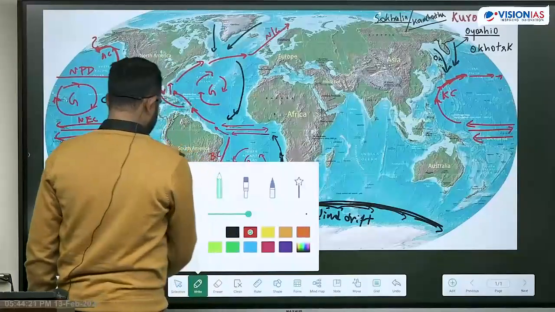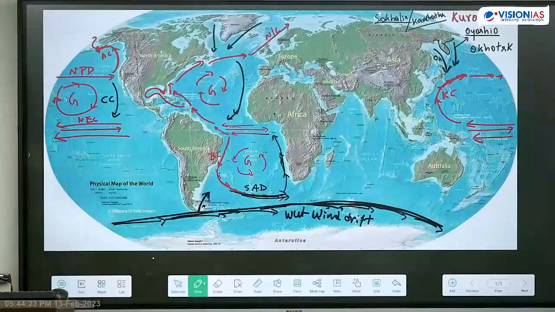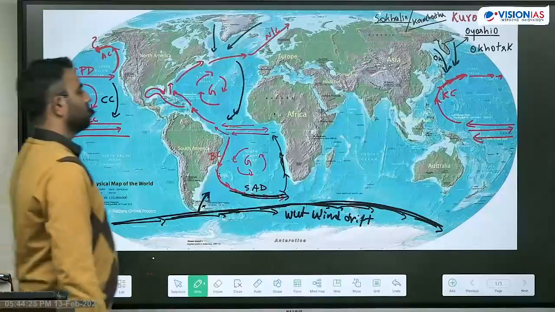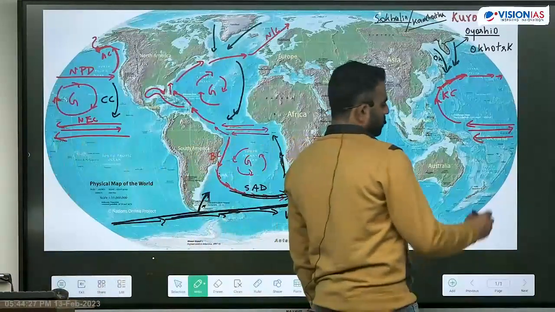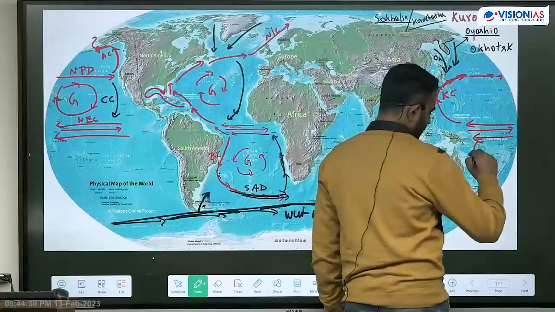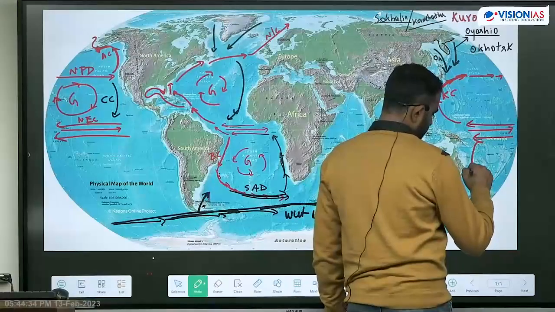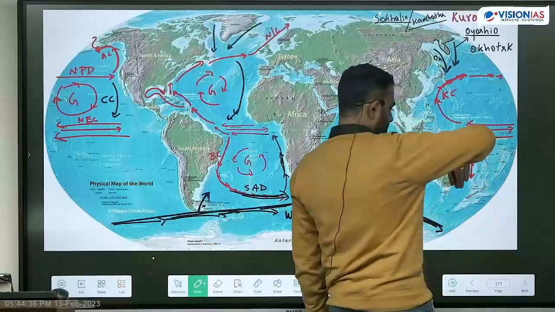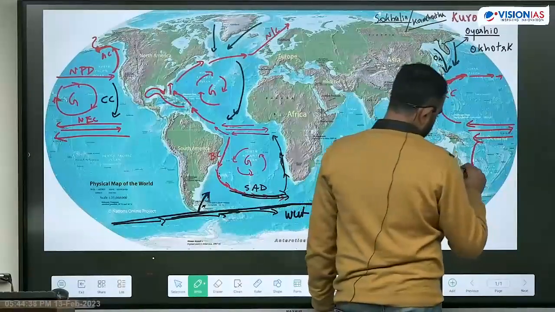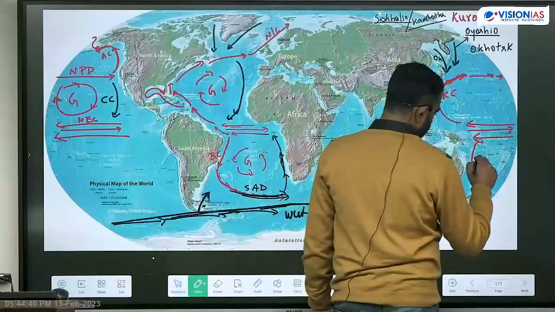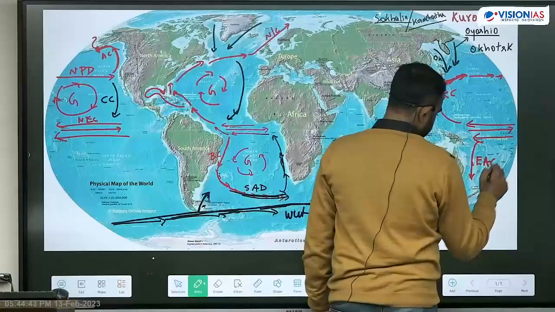So that is the currents of the North Pacific Ocean. Now the currents of the South Pacific Ocean. The South Equatorial Current turns left under the influence of the landform. Okay, land इसको पूरा ऐसे घुमा देते हैं, and it moves along the eastern coast of Australia as the East Australian Current.